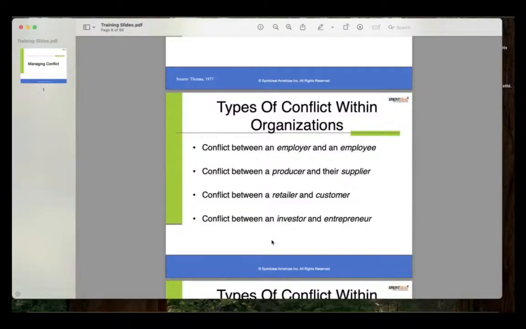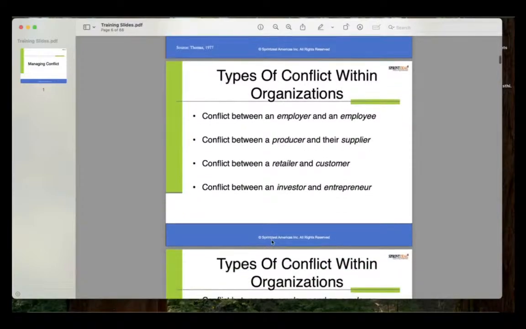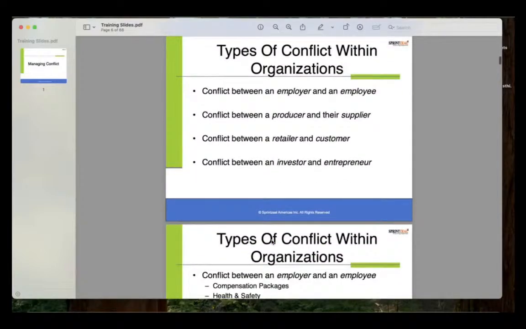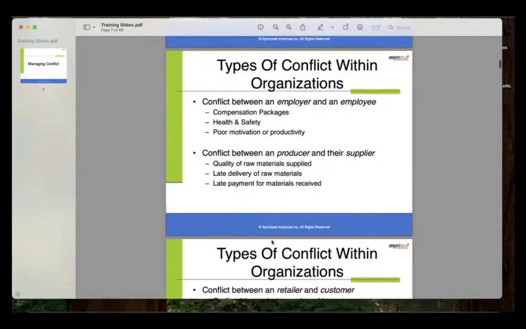Okay, so we understood the conflicts in the organization, what type of parties can be involved in this conflict. When we see these types of conflicts, we will understand it a little better.